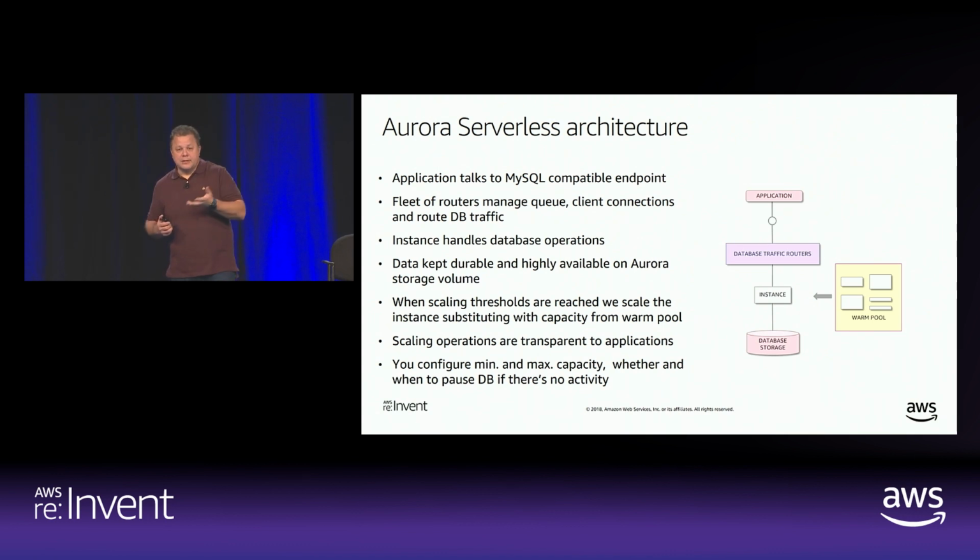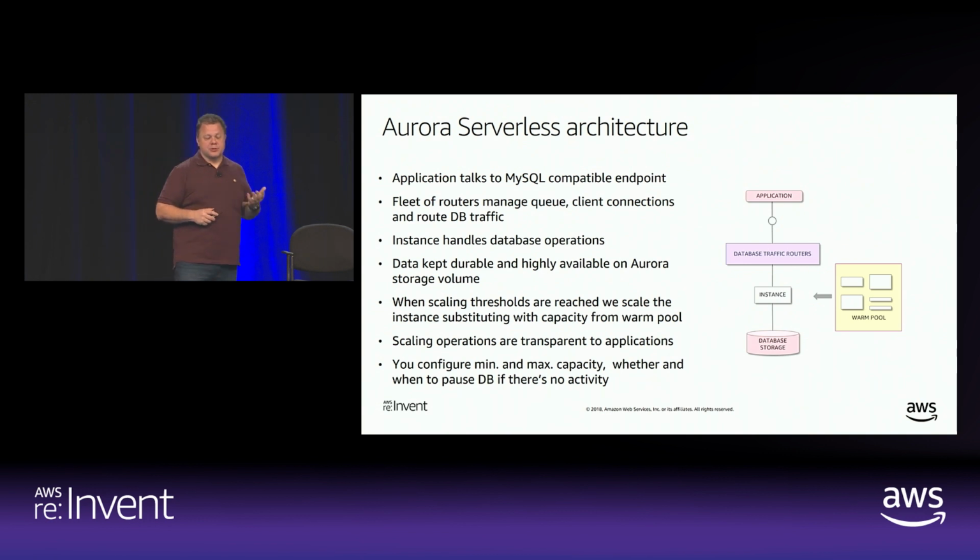The instance handles all the database operations, and that's the point where it's just the regular standard Aurora that we've all been using. The data is still kept durable in the highly available Aurora storage volume, just like provisioned Aurora. And when scaling thresholds are reached, we will automatically scale the instance up or down, pulling from a warm pool of instances, right?